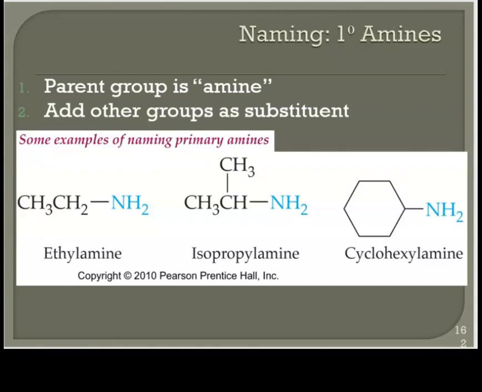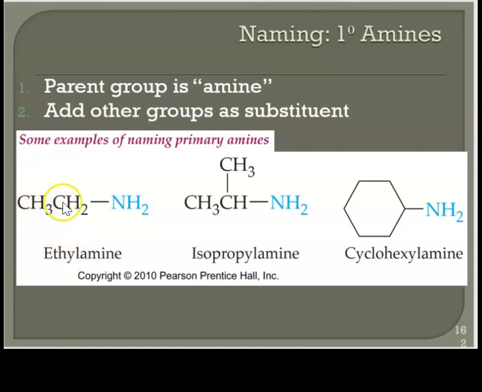So I'm going to go over quickly naming primary amines. It's not something that you necessarily need to memorize for exams, but it's, again, to make sure that you can recognize this. If you see the name, you should be able to say, okay, there's an amine in here. So the parent group is the amine. That is going to go on the end, depending on what other functional groups are found there.